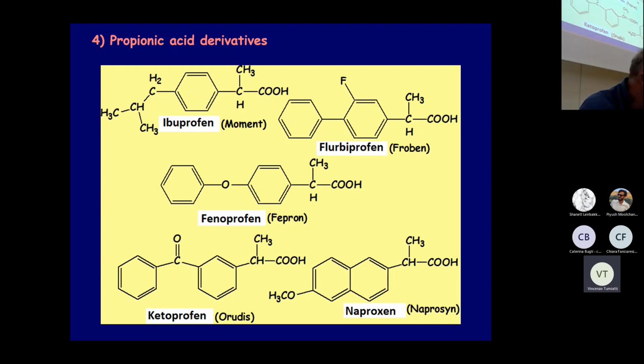And isobutyl in English is abbreviated as Ibu. So Ibu means isobutyl. Profen means propionic acid. So all these compounds are characterized by the residue of propionic acid.